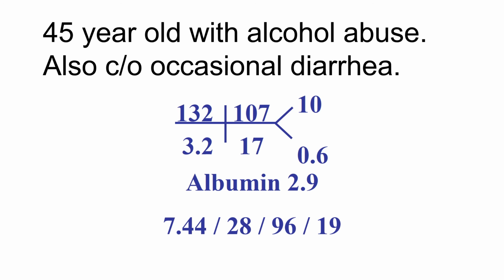So that's the point I was trying to make earlier, that you have to be careful to get a good assessment of your serum pH before you come to a final diagnosis. And just because the patient has diarrhea does not mean that the patient has a non-anion gap metabolic acidosis.